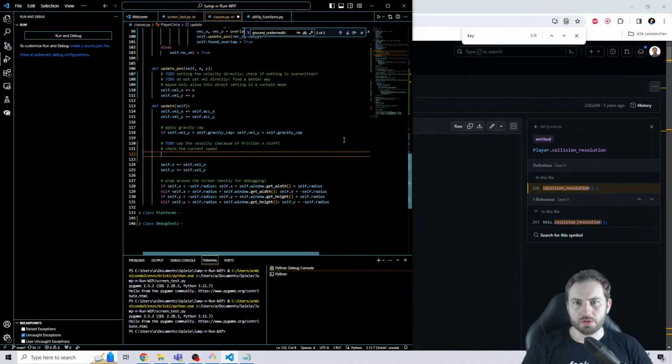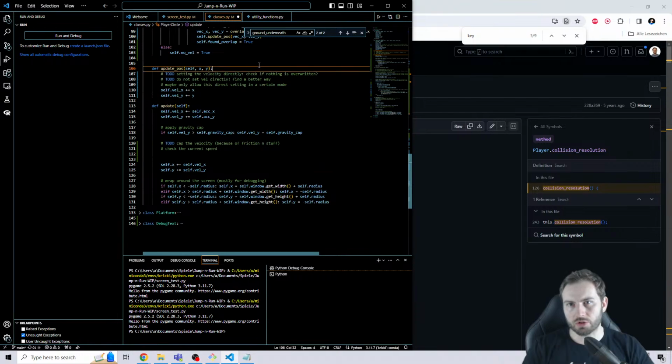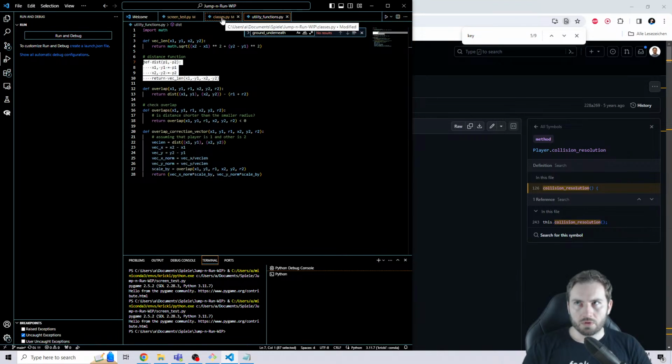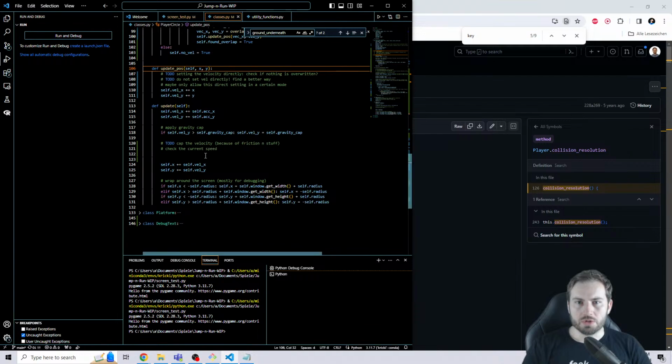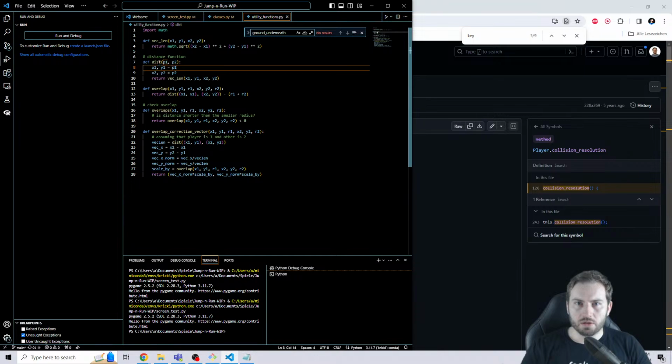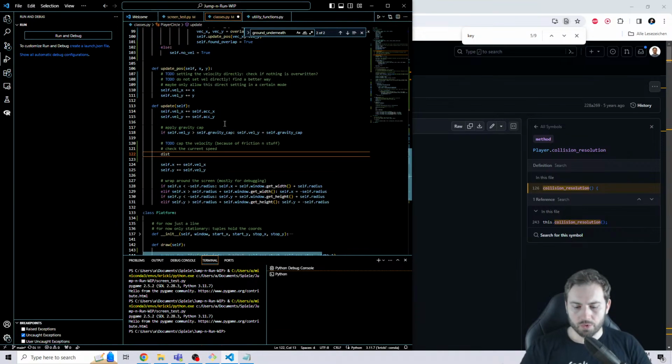And we check the current speed via taking the velocity vector and grabbing our utility function, which is the distance of 2 points. The points being 0, 0, and the velocity.